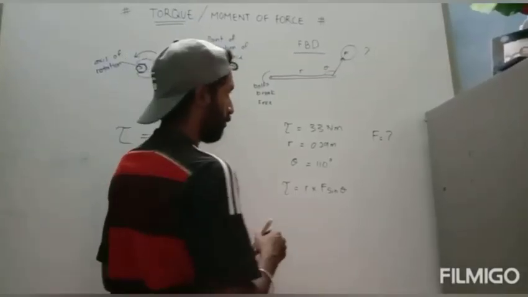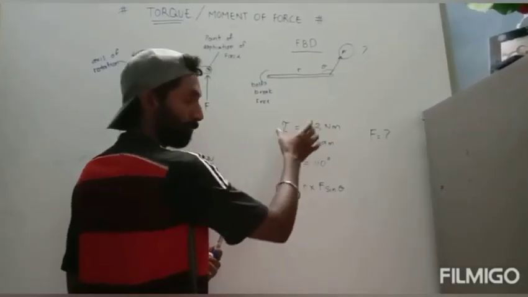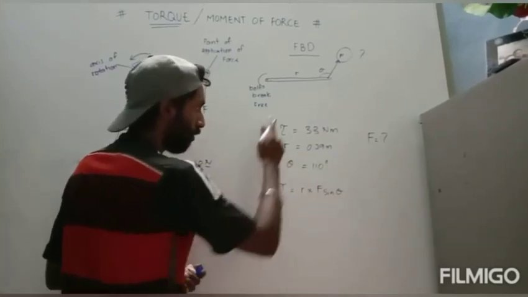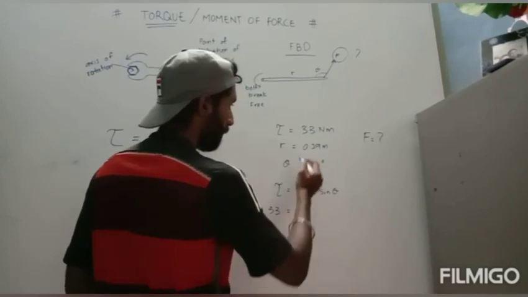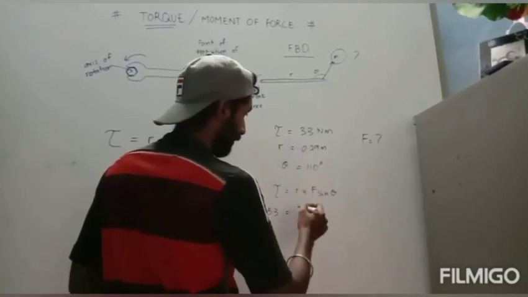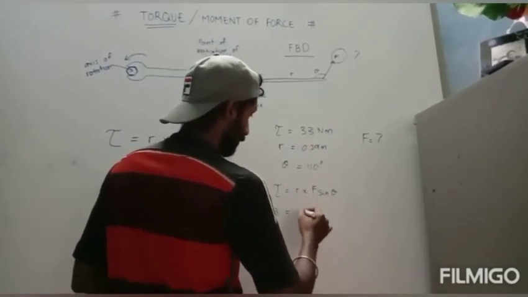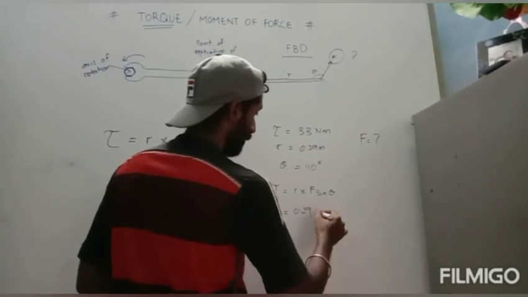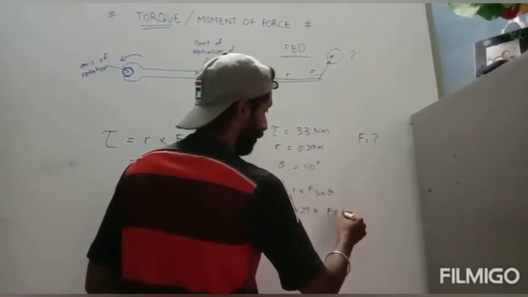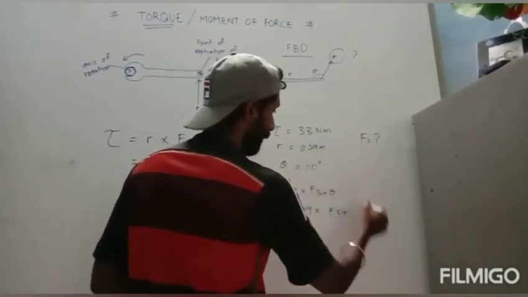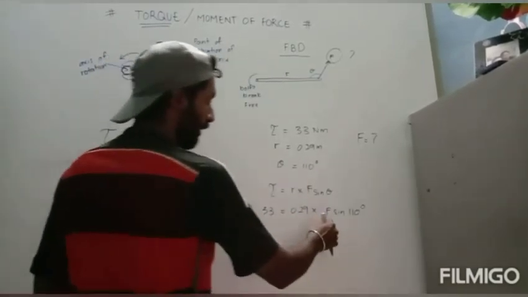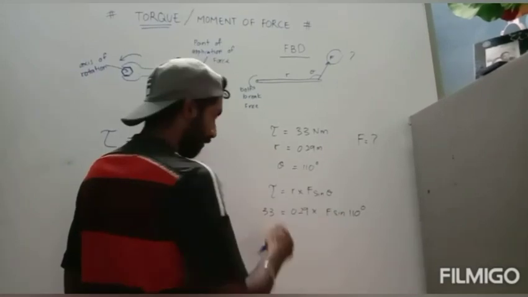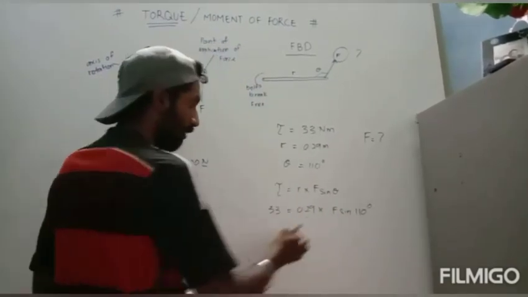Now we have to substitute the values. Torque is 33 Newton meter, and R is 0.29, times F, which we don't know, times sine of 110 degrees. So we're going to find F. We do the simple mathematics.